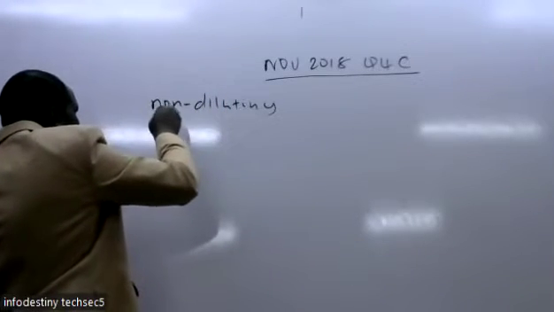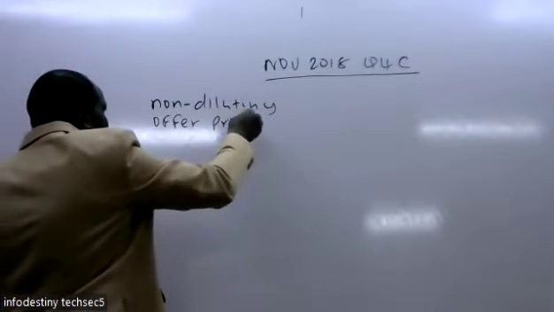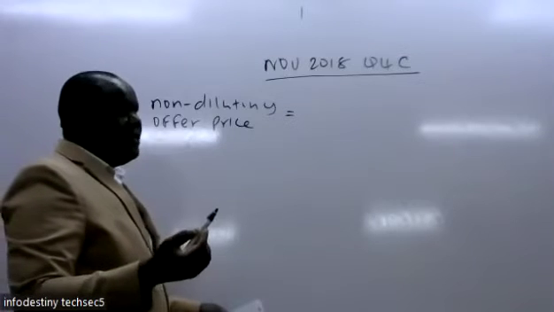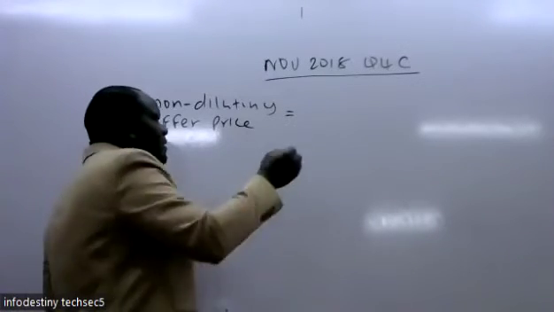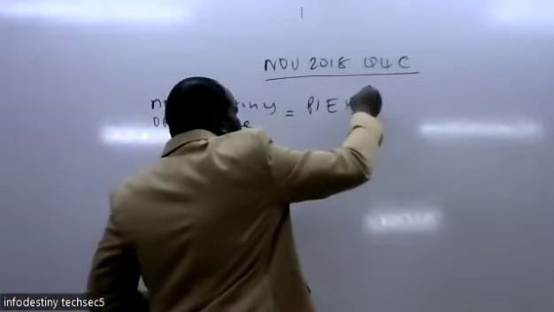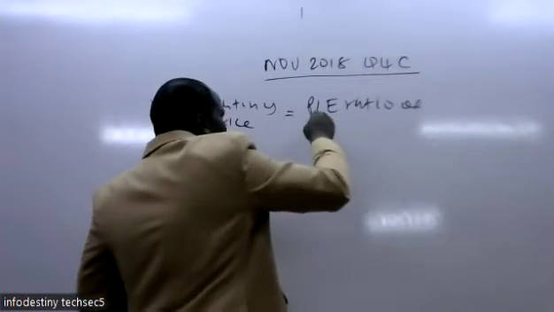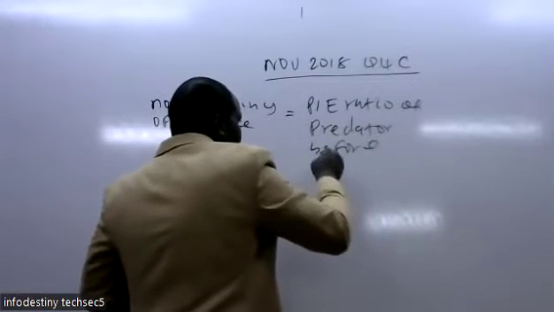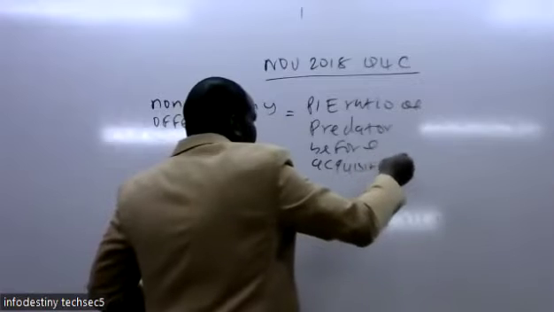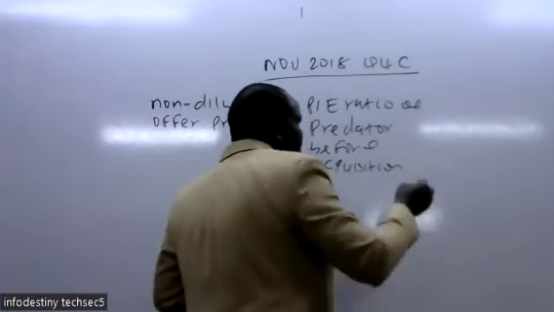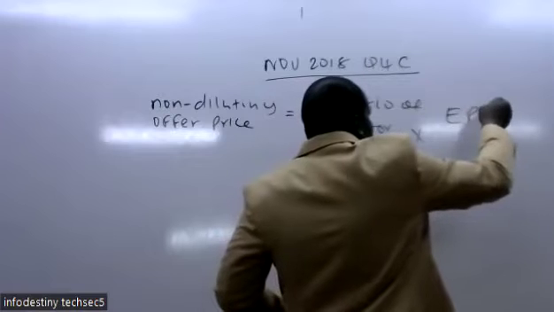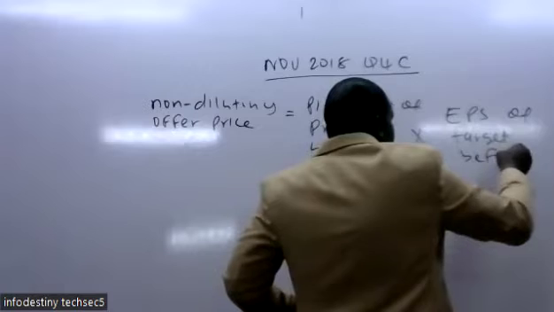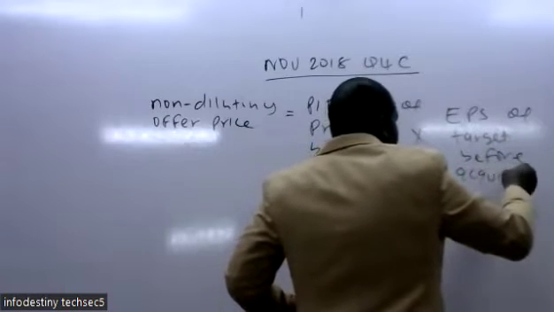To compute the non-diluting offer price, remember we said that it is given by the price earning ratio of the predator before their acquisition, multiplied by earning per share of the target, also before their acquisition.